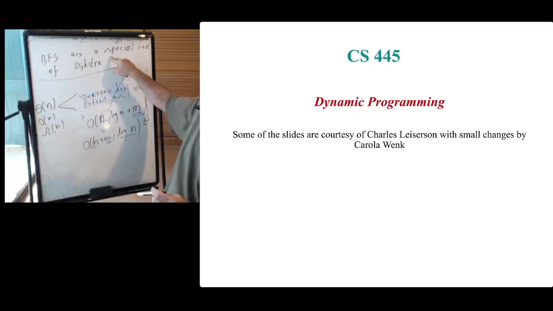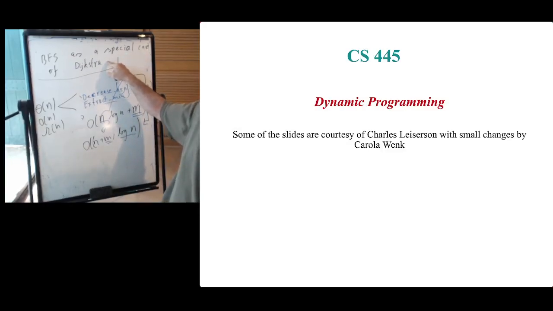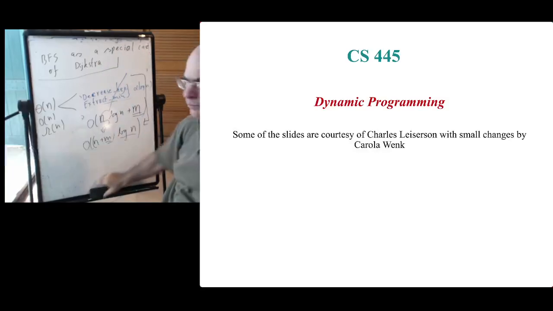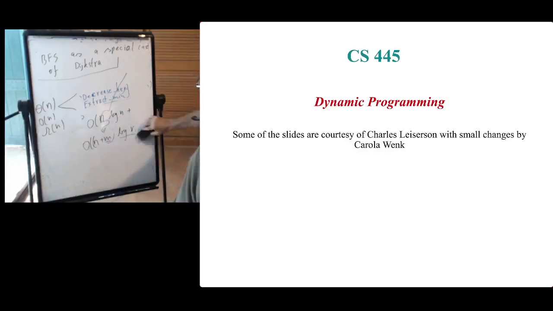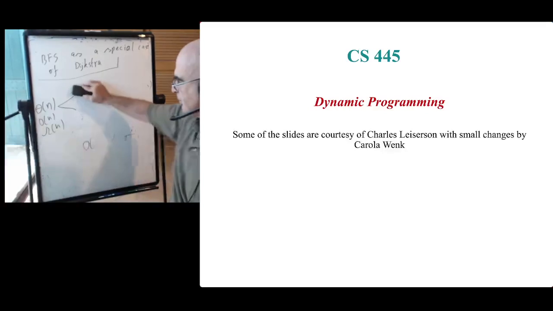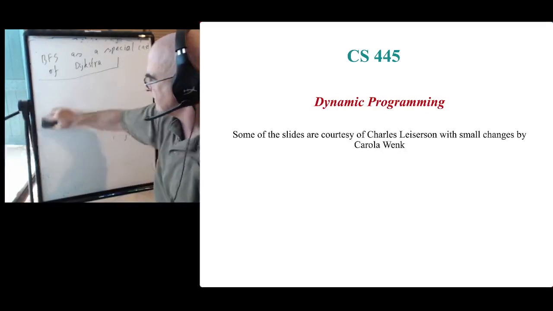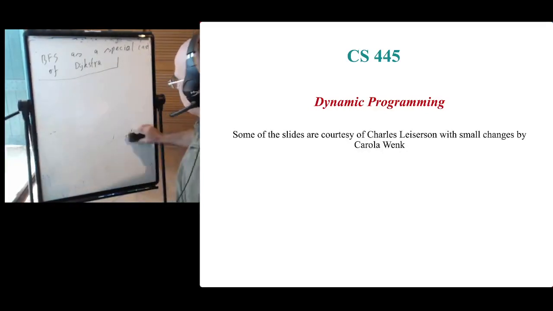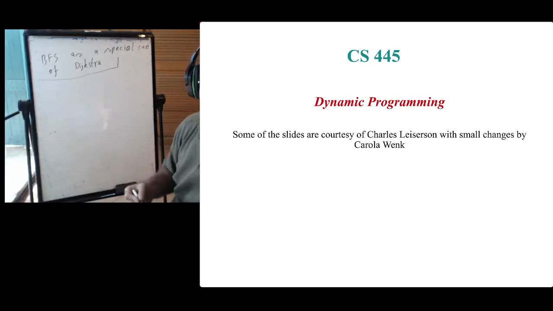Notice the order. BFS is a special case of Dijkstra, because I did use BFS also to explain Dijkstra, but now I'm going the opposite way. I'm saying if all the edges have cost of 1, then BFS becomes just a special case of Dijkstra, and then maybe I don't need a binary heap.